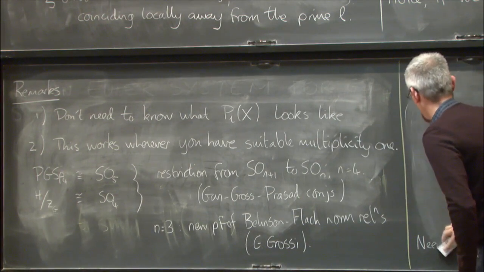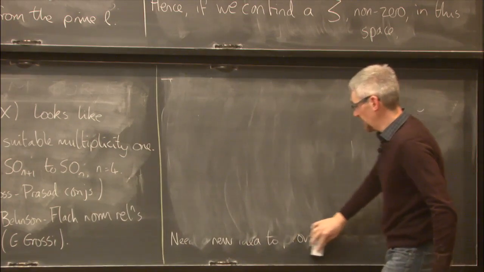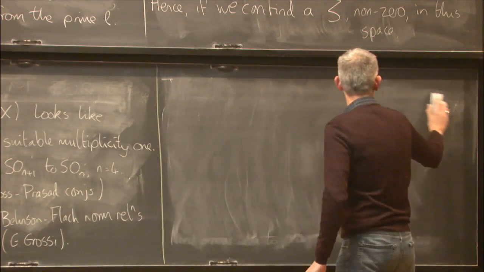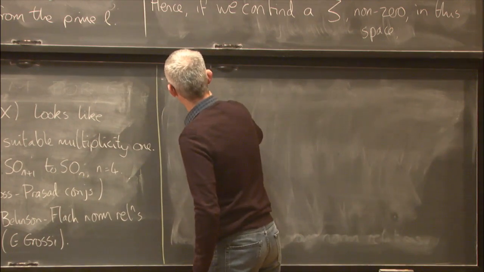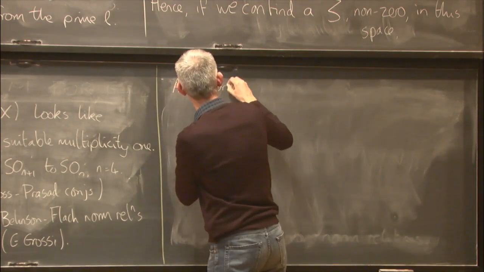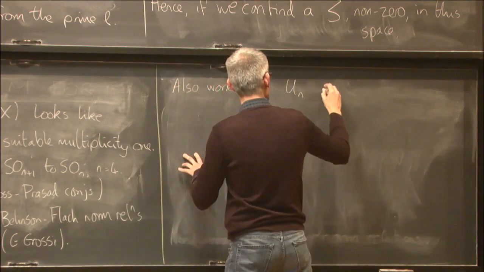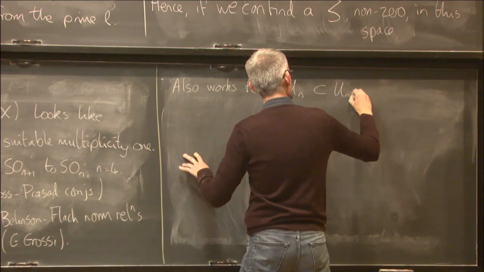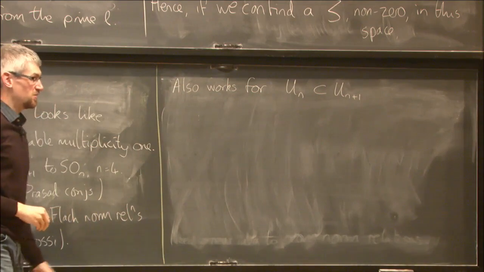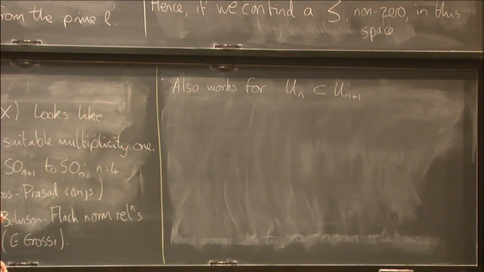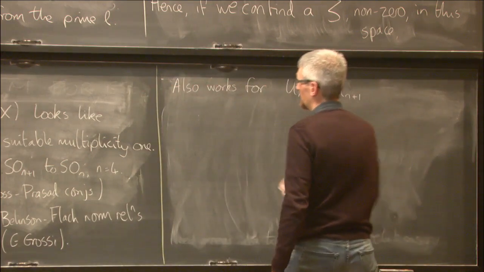But there is also Gan-Gross-Prasad for other kinds of groups. Rather than looking at orthogonal groups, you can look at unitary groups. So if you take representations of a unitary group of degree n plus 1 and restrict it to the subgroup U(n), then you also have these kinds of multiplicity 1 results.